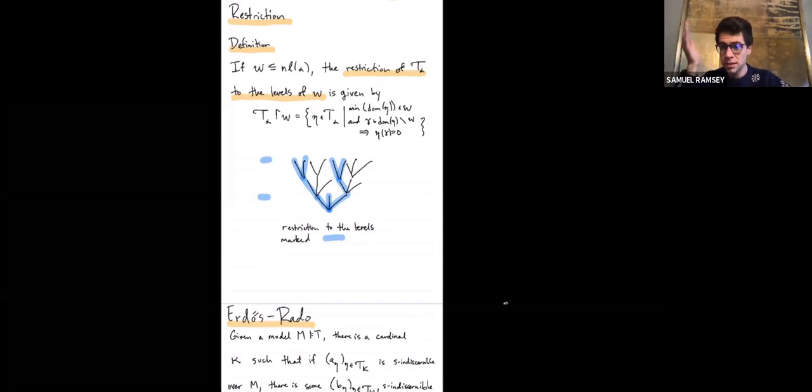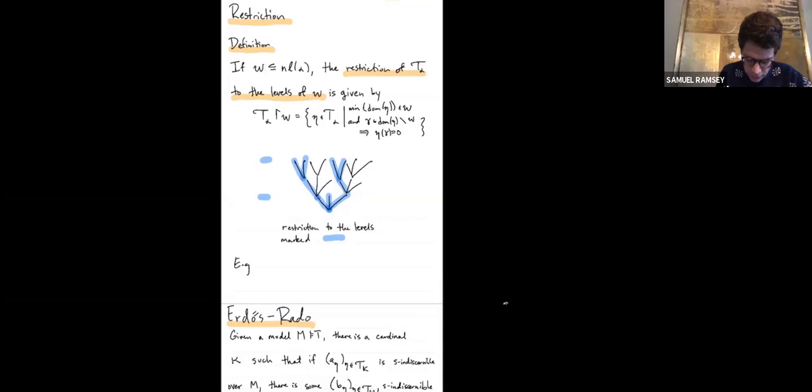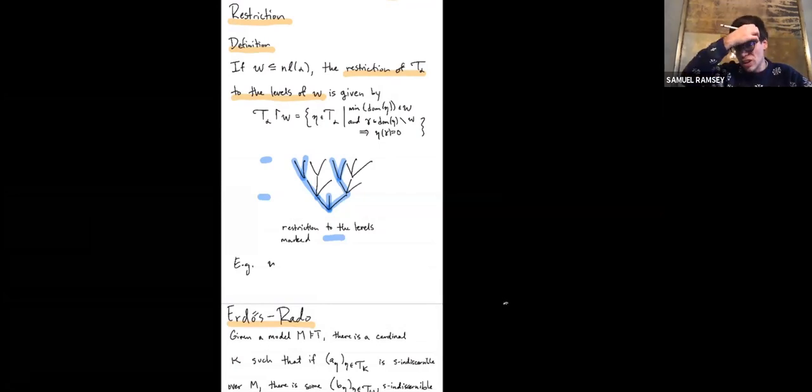Okay, so let's just imagine what this looks like for a second. Let's suppose that W consists of 2 elements, so for example, let's suppose W is equal to 3 and 5. And we look at T alpha restricted to W. What does that look like?